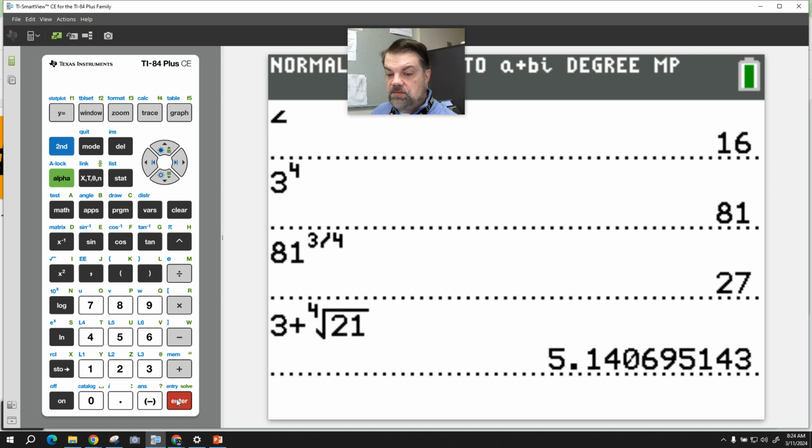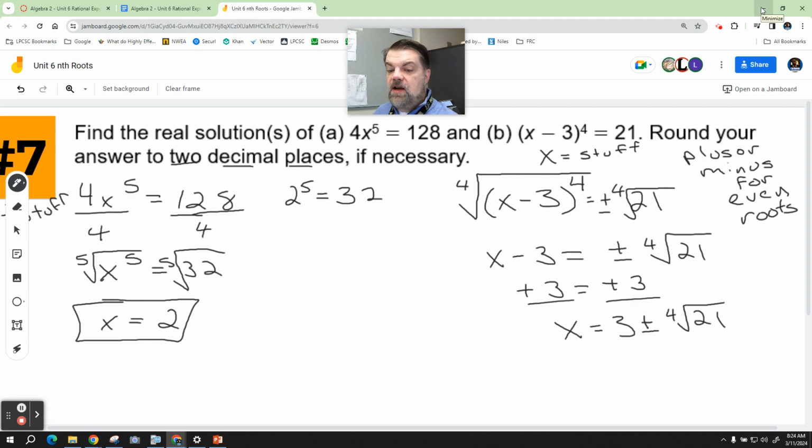Hit enter. I'm rounding to 2 decimal places, so it looks like it's going to be about 5.14. Now, because we're rounding, we have to use this approximation symbol.